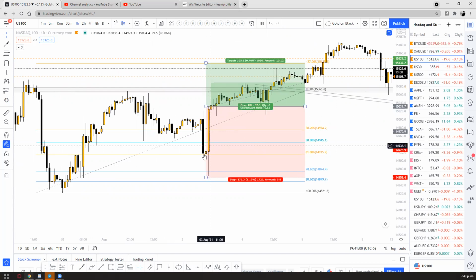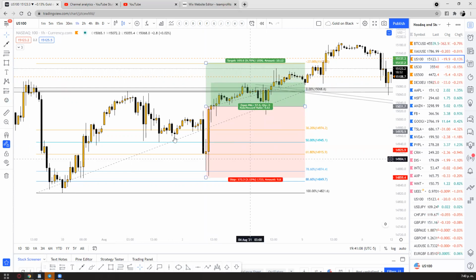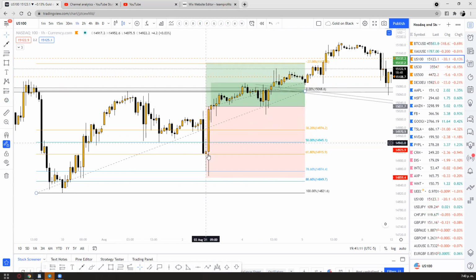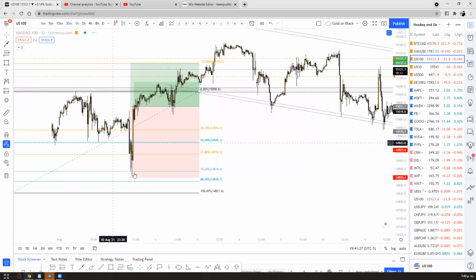So you see where the price stops right there. By the time the market opened, it pushed down very strong, but then just stopped right there at the 61.8. So that gives you an idea. Then you saw this massive pin bar, and then you start to see the price pushing up. So you could have made a decision right here after seeing the pin bar. This is a good sign, and it's a good trigger on a 1 hour. Let's see on 30 minutes. I'm pretty sure it's going to start looking kind of different.